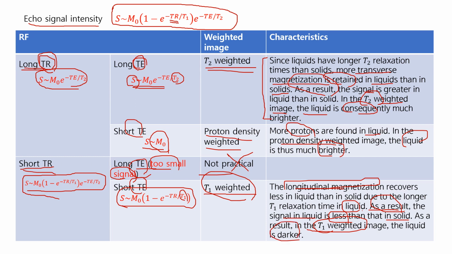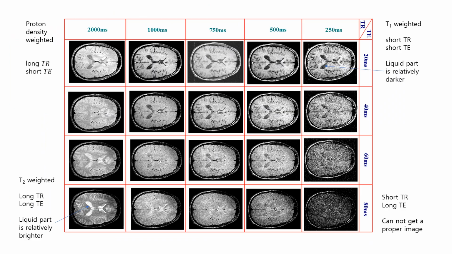So we can see these kinds of characteristics according to what TR and TE times are used. In the MR images, we can check this. Let's first see the short TR and long TE. TR is increasing in this direction, and the TE is increasing in this direction.